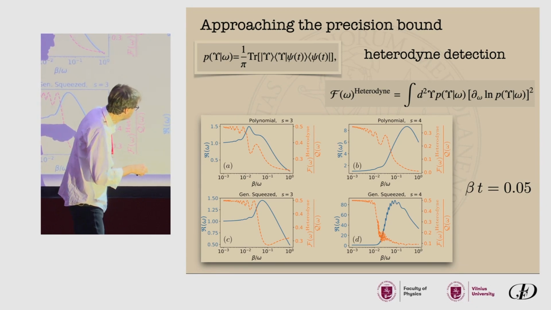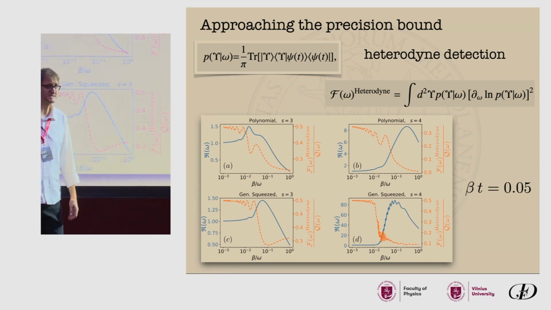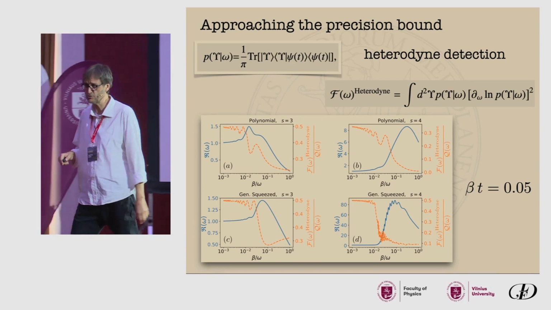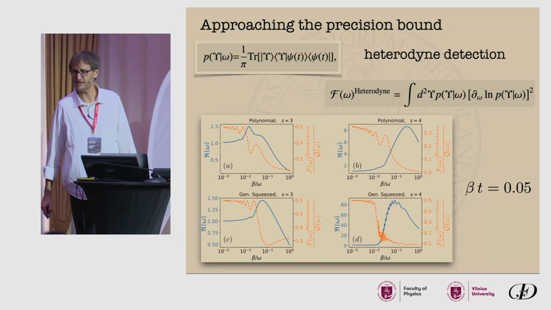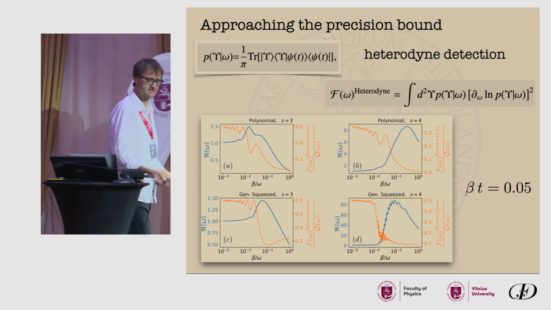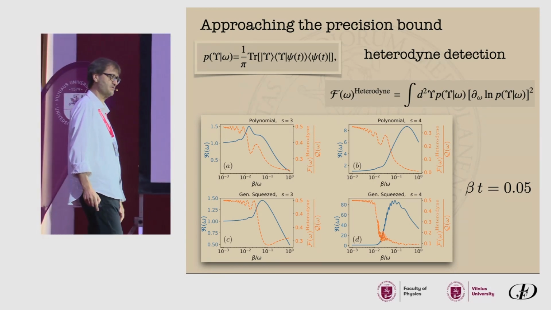But the quantum Fisher information was 80 times the quantum Fisher information of the free evolution. So you still gain a factor 10 using heterodyne detection and the nonlinear scrambling compared to the free evolution strategy.